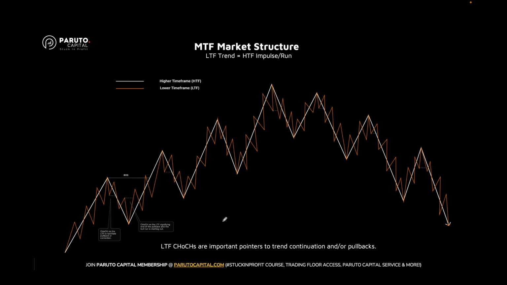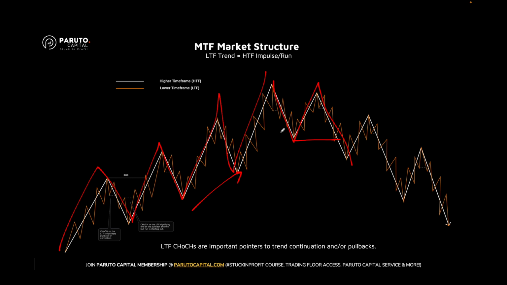Right, so lower time frame charts are also important pointers to indicate that the trend is about to either slow down or continue. And what do I mean by that? Look at this move here. This was an impulsive move, correction. This is an uptrending market, no doubt. You can see that, right? We're going up, but then you notice that when it came here, there was this change of character here, right?